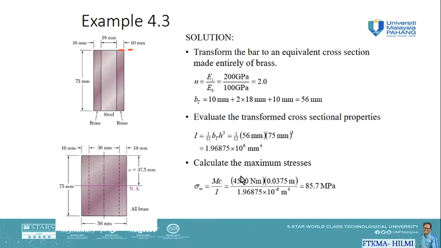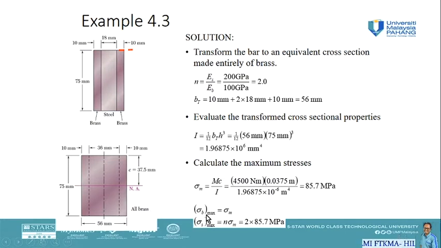Replacing the values, the moment is 4,500 Newton meter, the distance is 0.0375 meter, and I is the one that we calculated. We are going to get the maximum stress equal to 85.7 megapascal. This is the maximum stress for the brass, because we have transformed all the materials into one homogeneous material, brass.